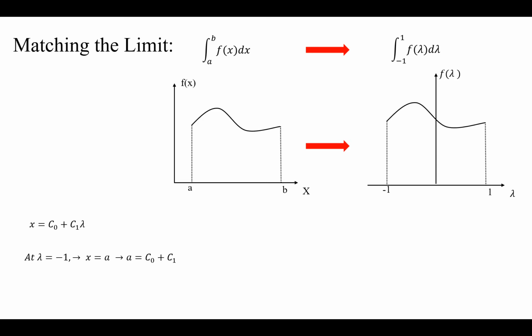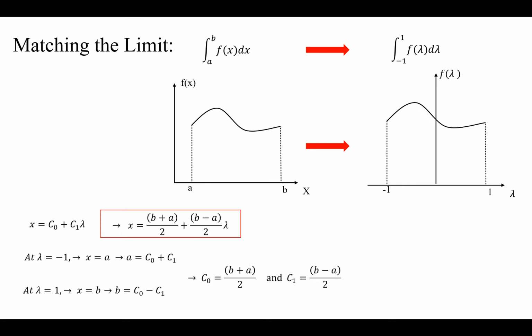So if we plug lambda = -1 into my function, I can find this equation. Similarly for lambda equals 1, x is b, that's the final value, and I find this equation. Solving the two equations with two unknowns, I can find C0 and C1, my linear equation.